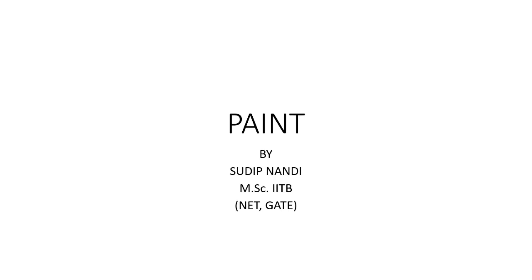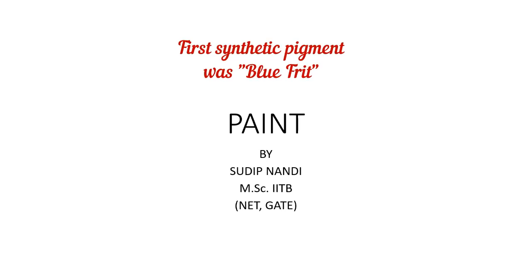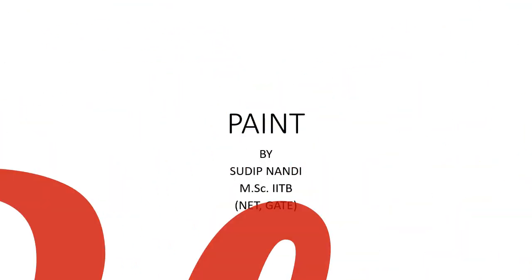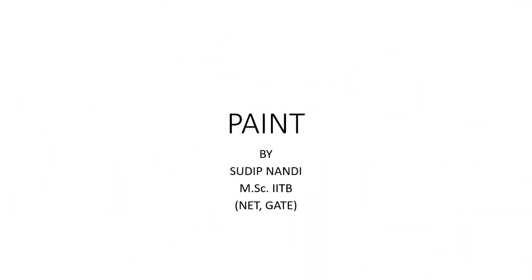And 5,000 years ago, the first synthetic pigment was produced by the Egyptians, and the color was blue frit. The pronunciation will be blue frit, and the spelling is normal BLUE blue and frit FRIT.